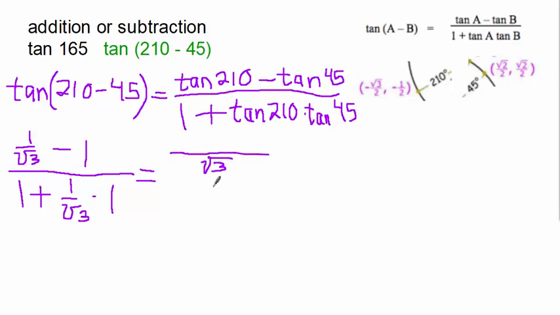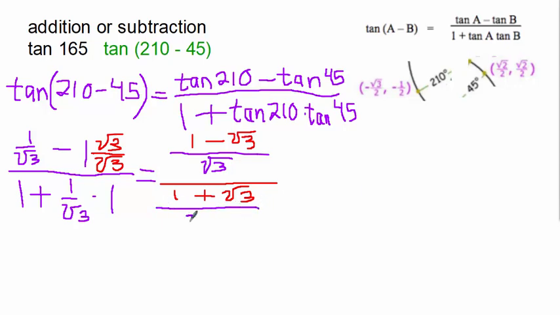And the reason we know that is because we're going to multiply by square root of 3 over square root of 3. And the numerator is 1 minus the square root of 3, all divided by square root of 3, and 1 plus square root of 3, and that is divided by the square root of 3. And when I copy dot flip-flop, I get just the numerators.